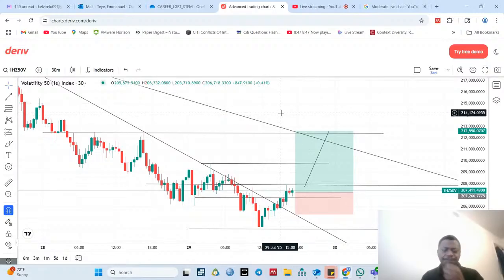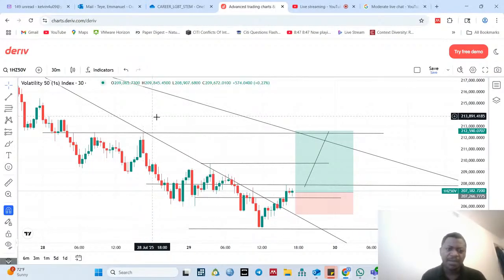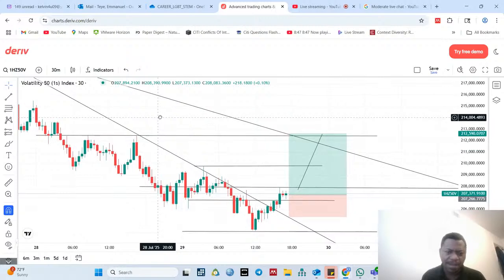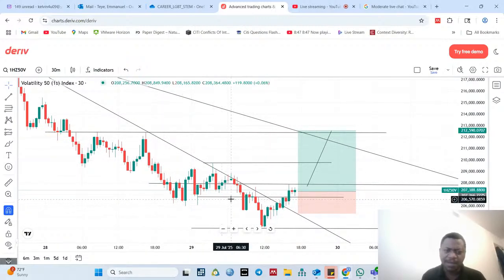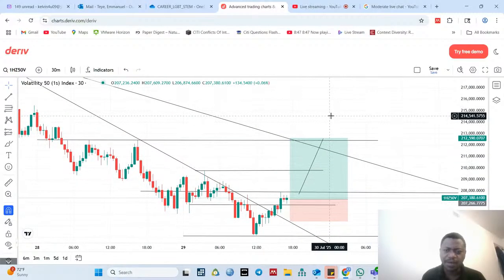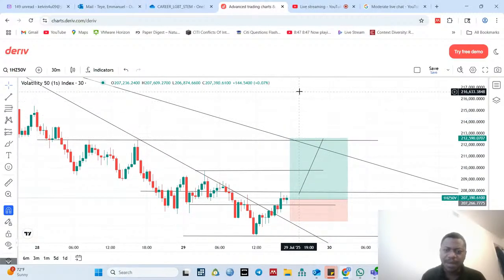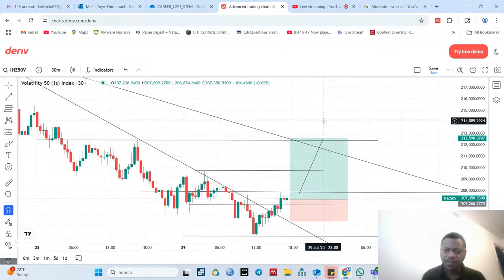And notice that on the daily time frame, there is no confirmation for a buy yet. I took this setup from the 8 hours. That's why I don't expect price to go up too much. I'll just be targeting this area to make my profit.